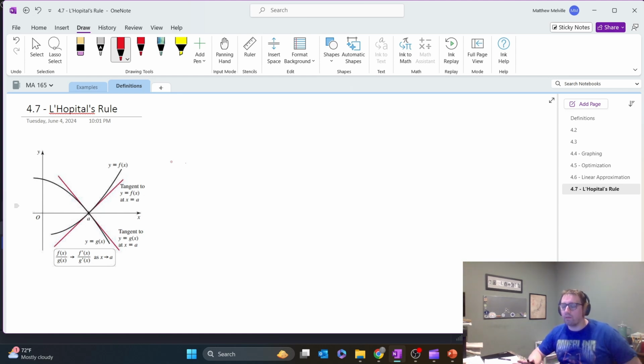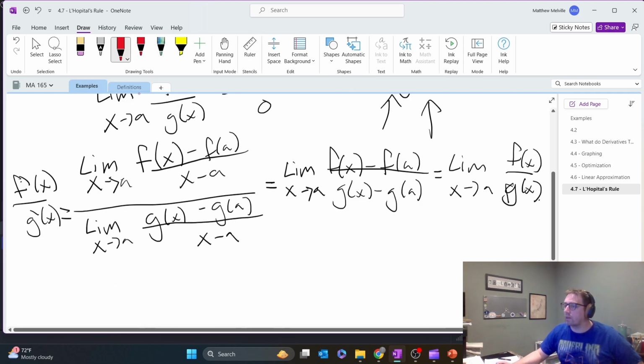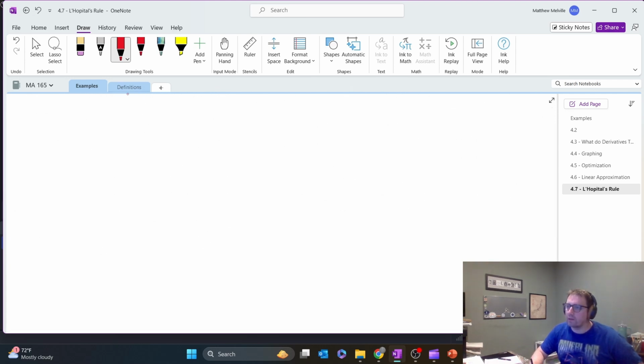So the derivatives will work, meaning that if I come back to my first example, I want to find the limit as x approaches 0 of sine of x over x.